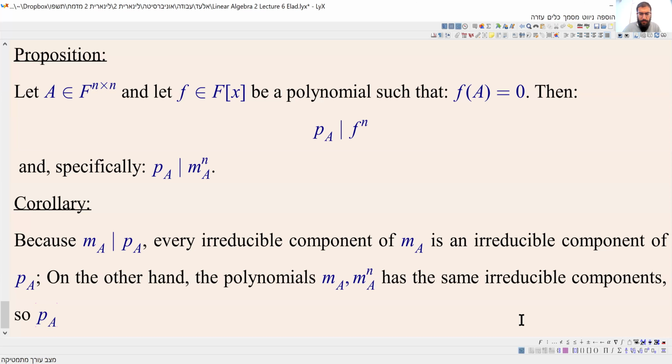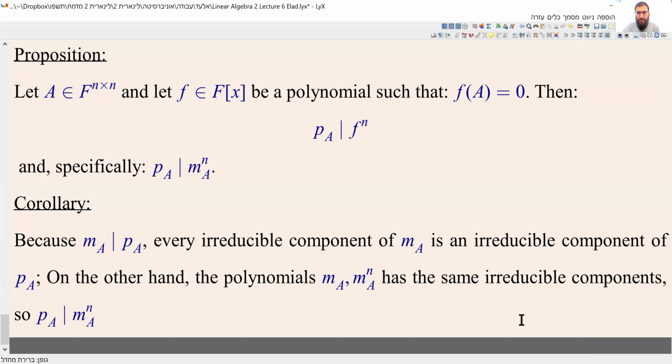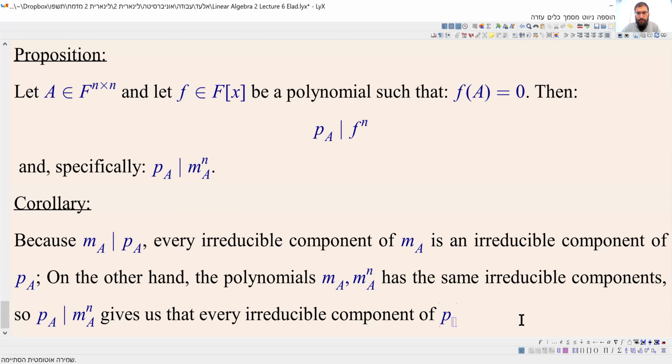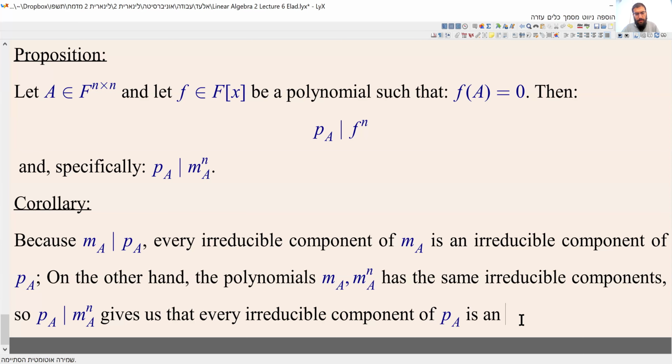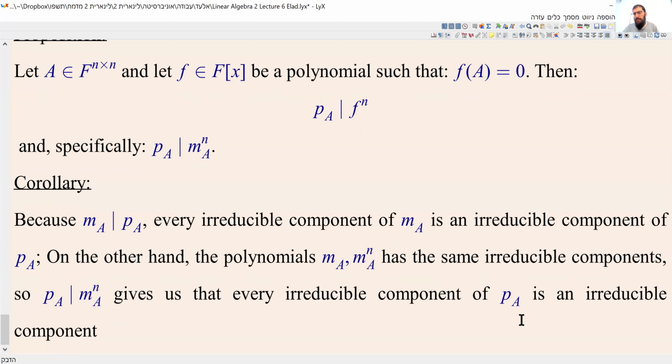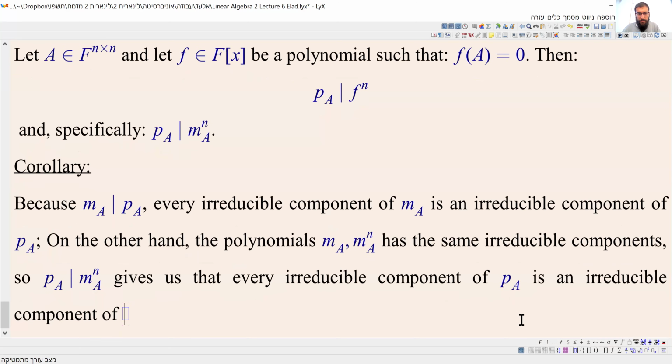So PA divides MA to the power of n, which gives us that every irreducible component of PA is an irreducible component of MA.